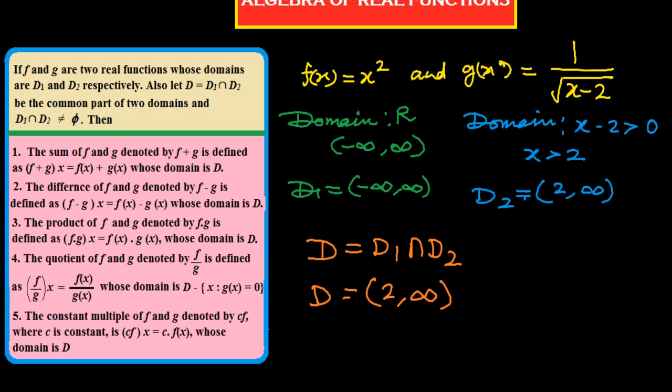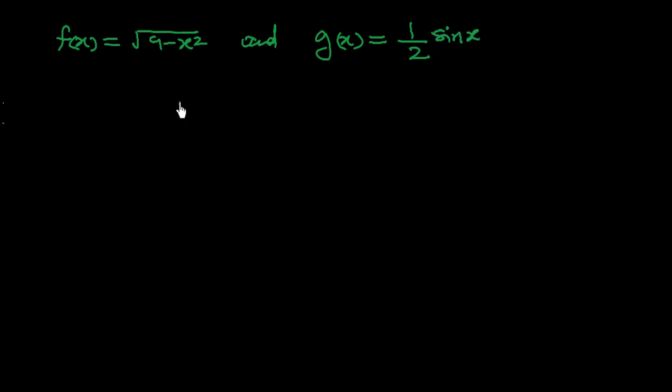Okay. Now we have f(x) equal to square root of 9 minus x square, and g(x) equal to 1 by 2 sine x. Now we have to find the common domain for the algebra of these functions.